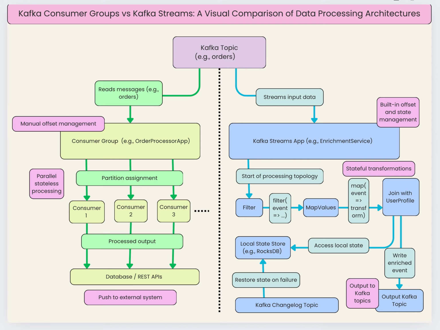As you can see, Kafka Streams provides a lot more functionality out of the box, but only if you need it. So, which one should you use? You can use Kafka consumer groups if you're building microservices or ETL jobs, or if you need to write to external systems, or if you want multi-language support, or if your processing is stateless or offloads state externally.